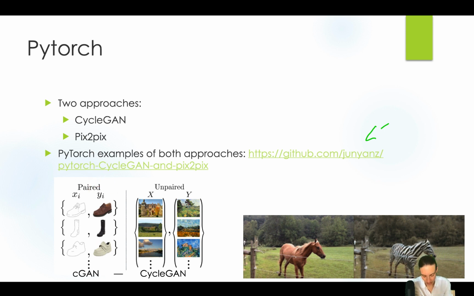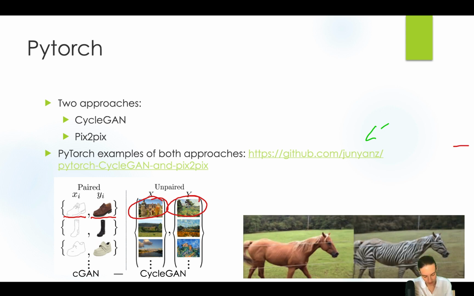That means you have an example in the original style and of the same object in the new style. Whereas in the CycleGAN, you do not need paired data. You could have a real-life photo of a castle that you want to transform into a Monet type of painting, but you don't have a painting of that same building. So your data is unpaired. Okay. So let's have a look at these approaches.